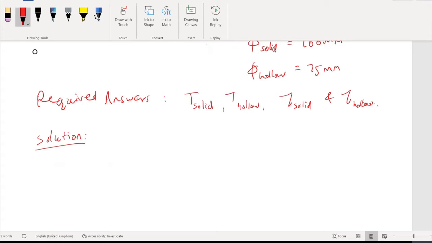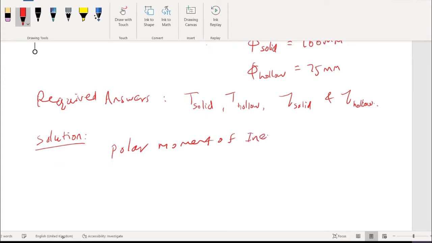You know the moment, right? Our torsional formula needs the calculation of the polar moment of inertia. All of you know that. I don't want to repeatedly write the equation. You know that torsion and shear are related by the polar moment of inertia.